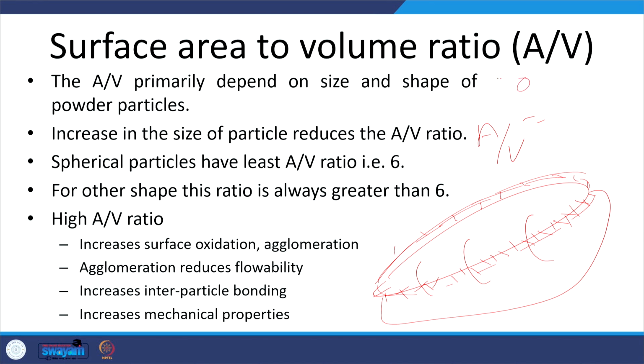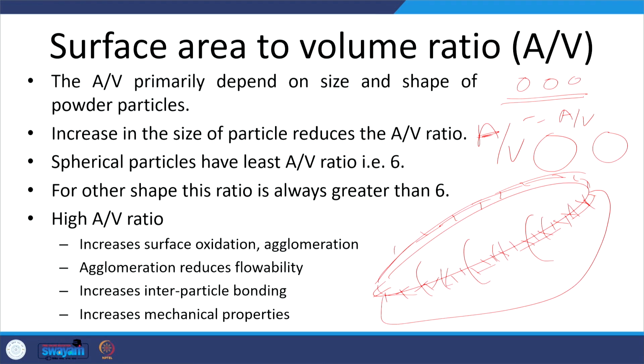Another thing, if the powder particle is small, then the A by V ratio will be more as compared to the case of large size powder particles for the same volume. Okay. So, it is always good to use the finer powder particle size because it offers a higher A by V ratio, which in turn facilitates increased metal to metal contact between the powder particles, facilitating the sintering and diffusion across the interfaces, and that in turn helps in development of stronger components as compared to the case when we have the smaller A by V ratio.